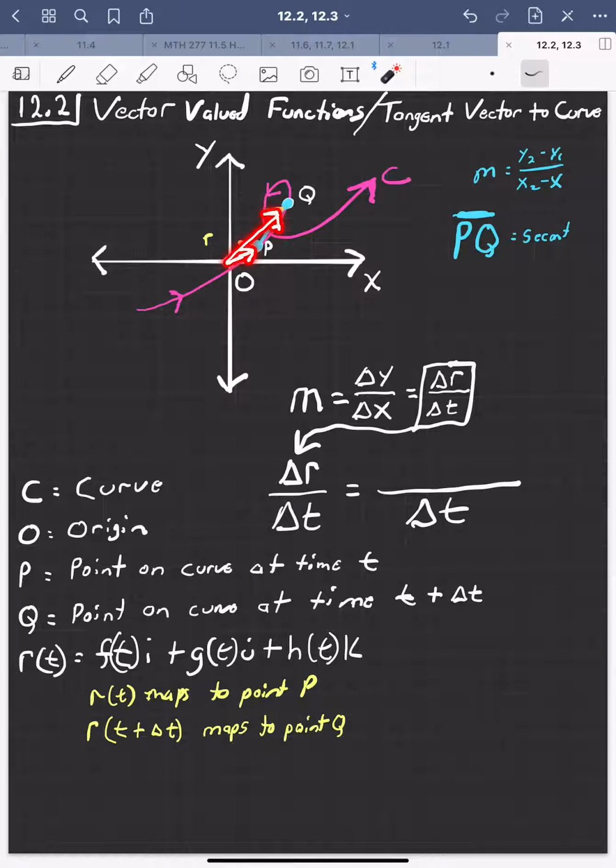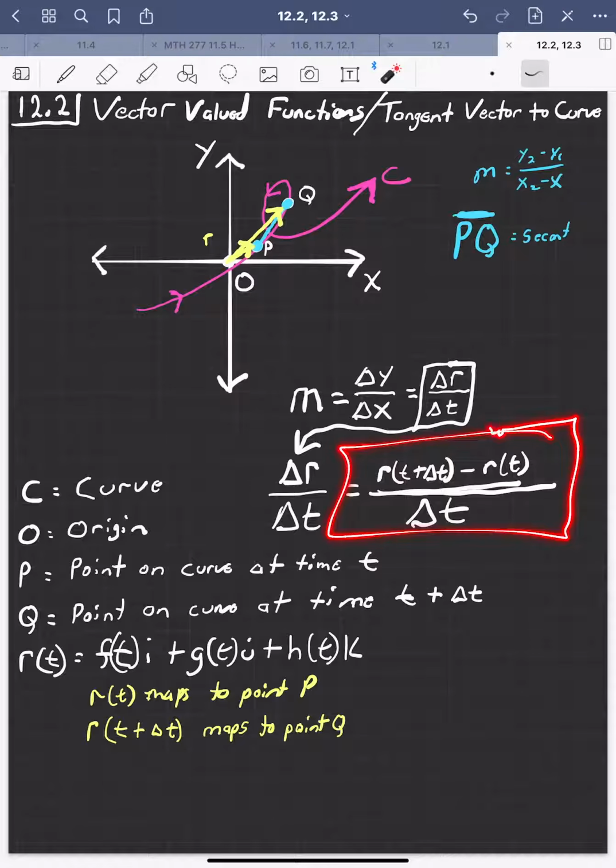Let's now write it. y sub 2 minus y sub 1 would be r of t plus delta t minus r of t. Wait a minute. Stop. Look. Have you seen something like that before?